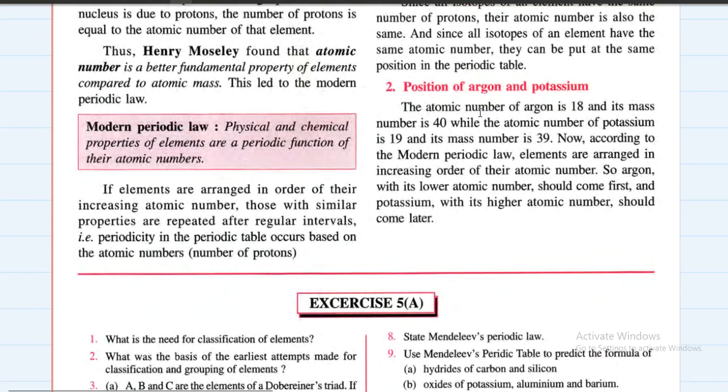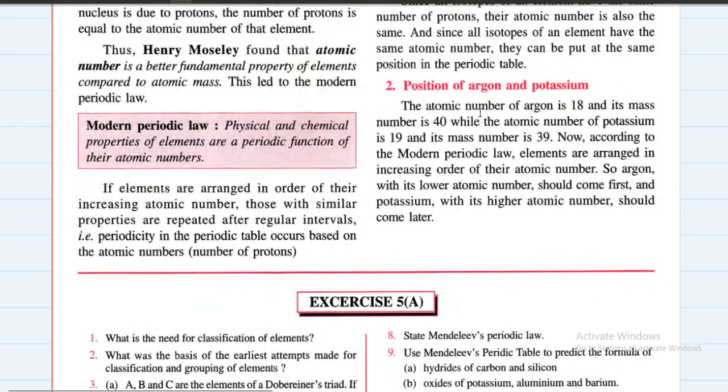And this is very important: if elements are arranged in order of their increasing atomic number, those with similar properties are repeated after regular intervals. That is, periodicity in the periodic table occurs based on the atomic numbers, that is, the number of protons.